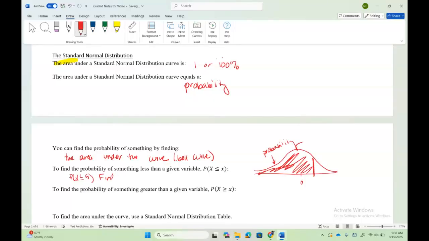To find the probability of something greater than a given value, we would find the area to the right. And on a bell curve, I would find the area over here.